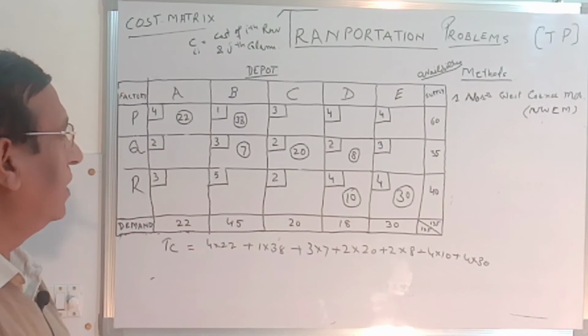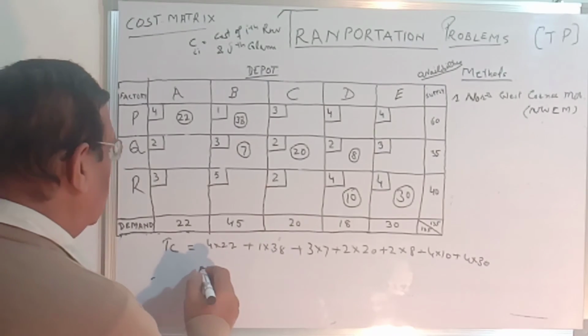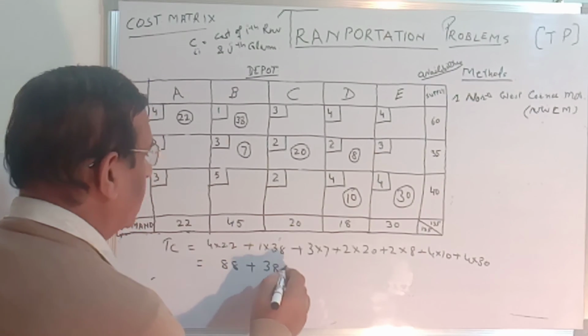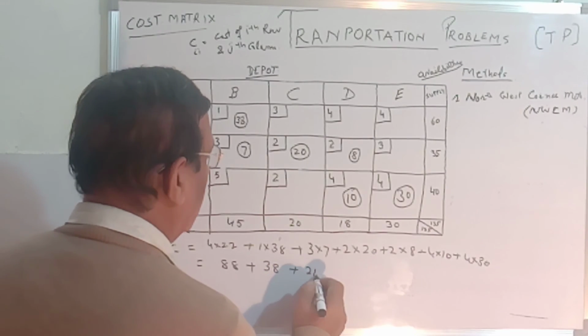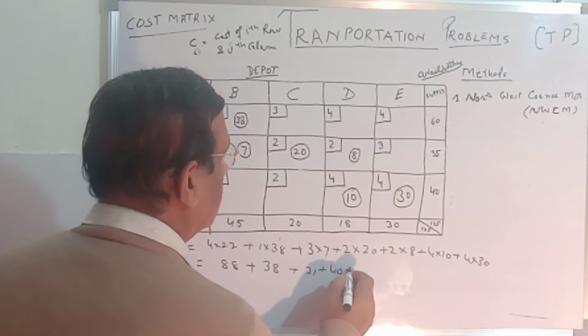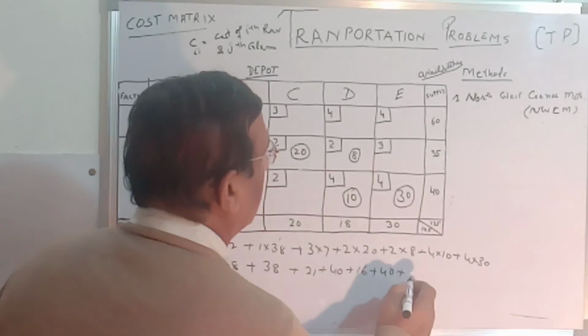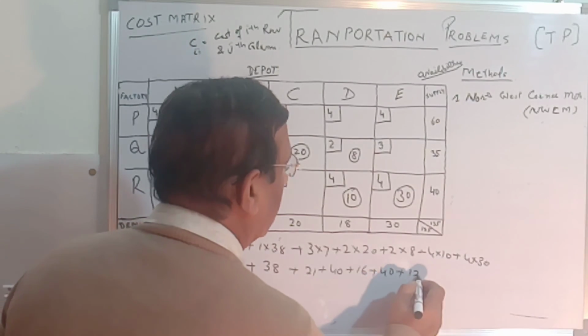So this is equal to 88 plus 38 plus 21 plus 40 plus 16 plus 40 plus 120.